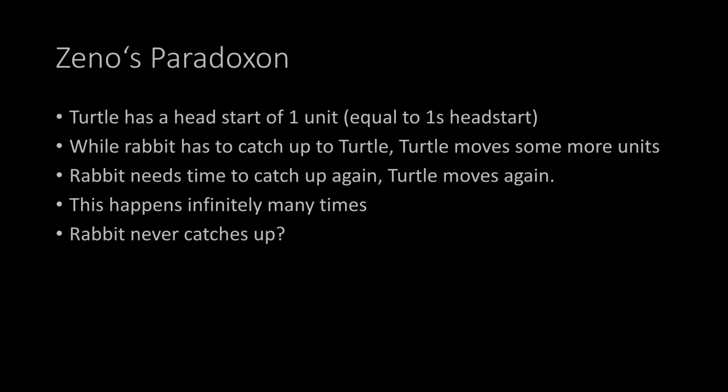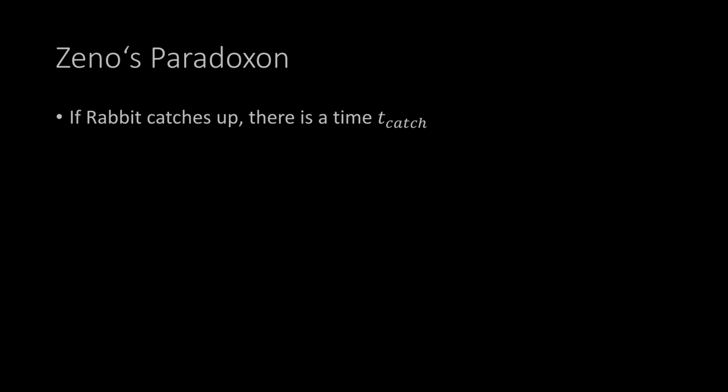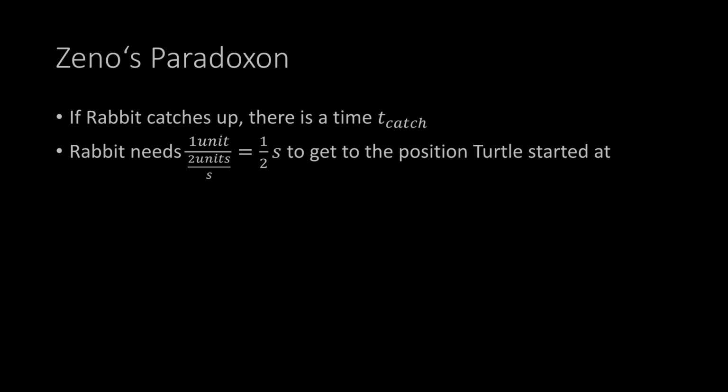So let's view this in our example with a little more mathematical approach. If the rabbit catches up, there is a time t_catch. Here we haven't dissolved anything of this paradox, so t_catch might be infinity. The rabbit needs half a second to get to the position where the turtle started.